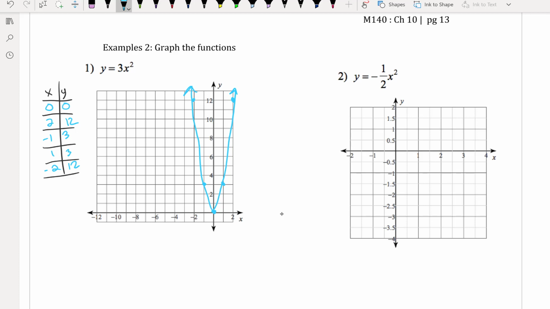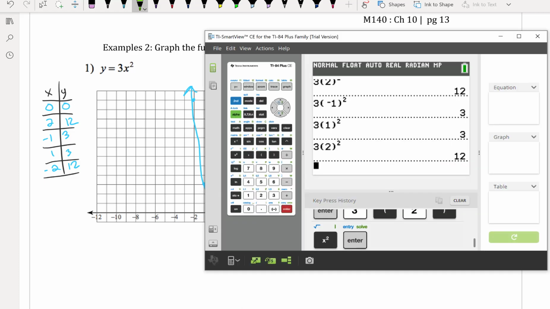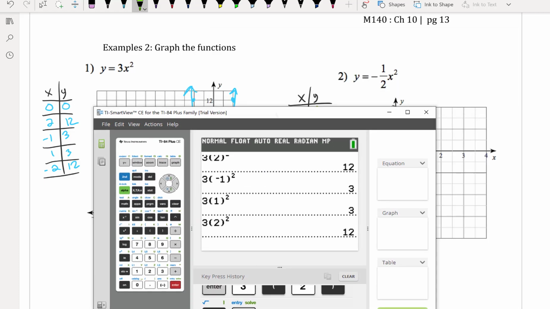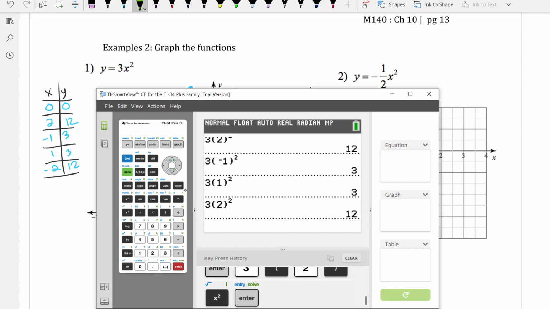Now number 2 is going to be very, very similar. So I'm going to plug in some values for number 2. I don't know, let's try 0. Well, 0 squared times anything is just 0. If I were to plug in a 1, and if you need to, you can plug it into your calculator to see what you're going to get.